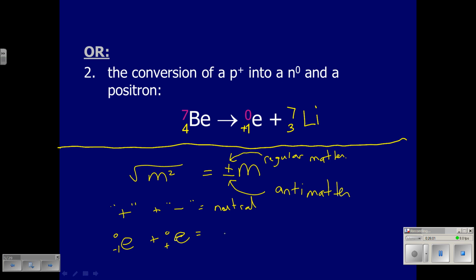Now, you think you would get nothing, but what you do get out of that is lots of energy. All right, lots of energy comes out. Big explosion when you put matter with antimatter. The reason you get energy is because Einstein has an equation that's E equals mc squared.